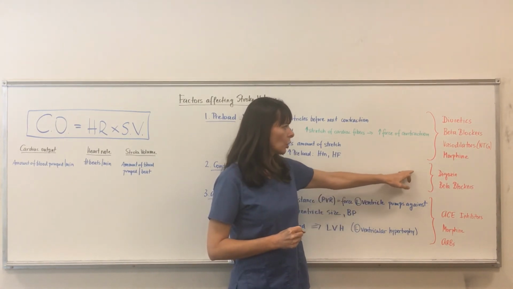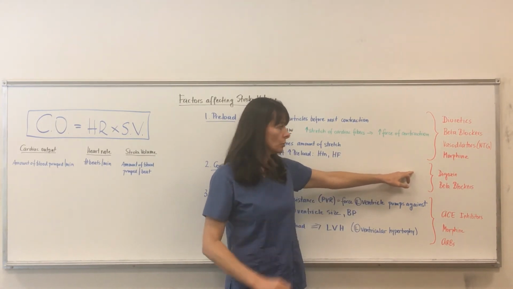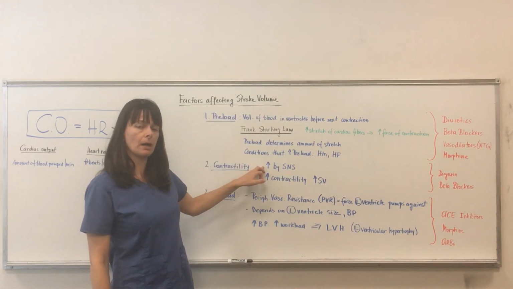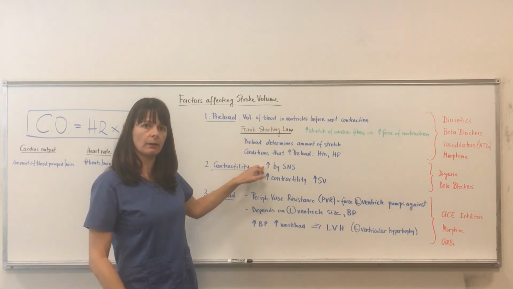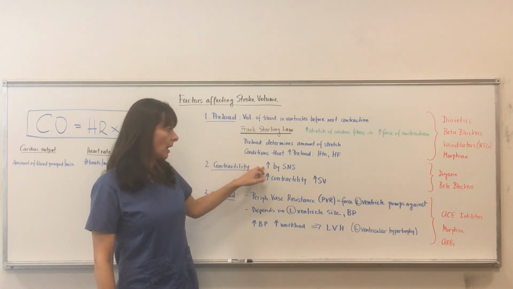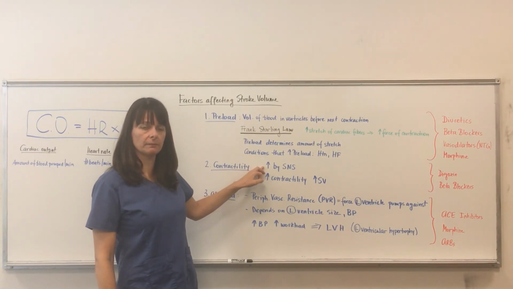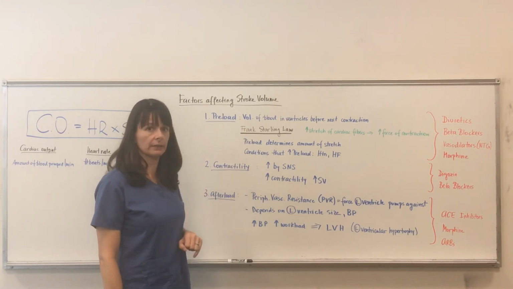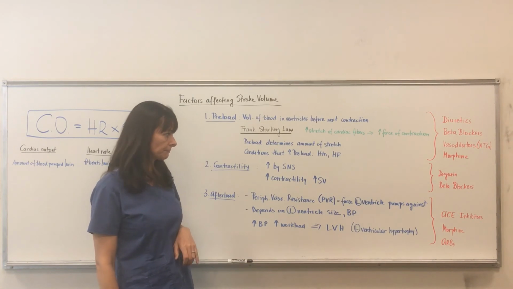It's a very good medication that is used. And then beta blockers, not only do they affect the beta-1 adrenergic receptors in the heart, but they also affect the sympathetic nervous system. They kind of lower that down, and therefore they affect contractility over here.